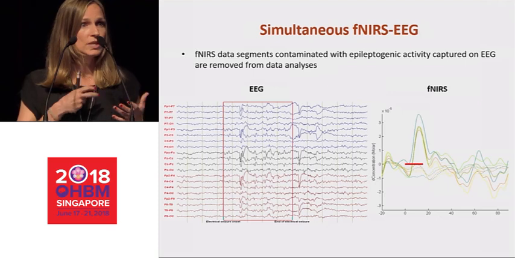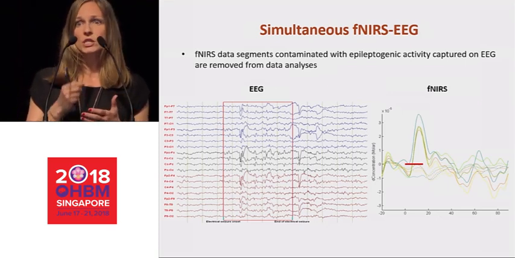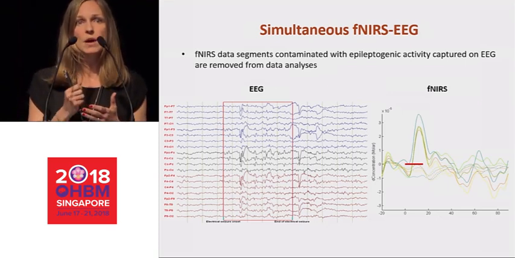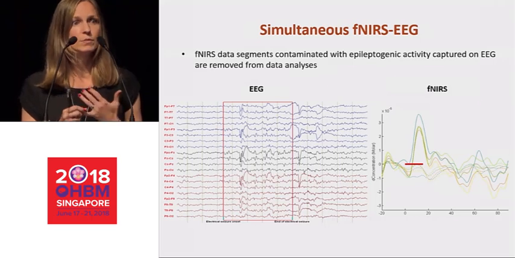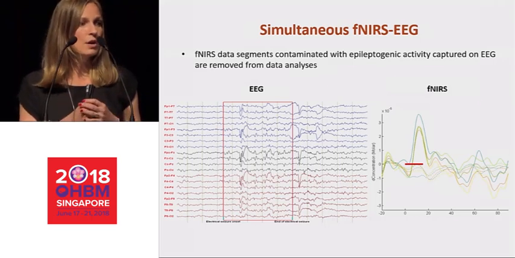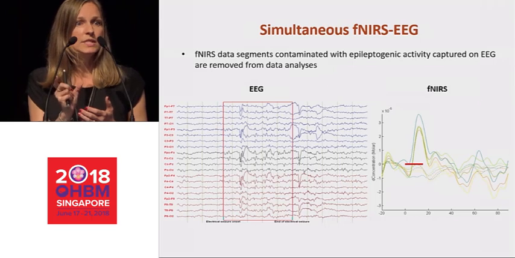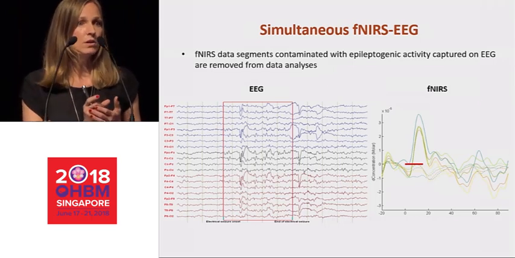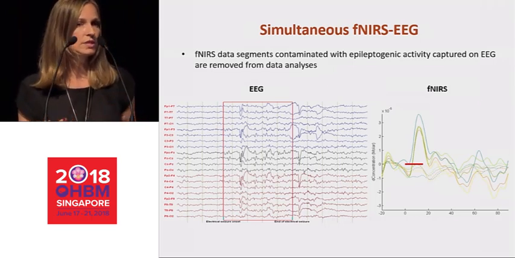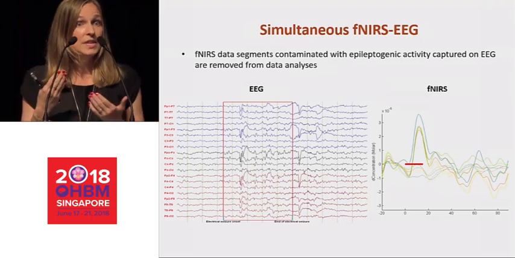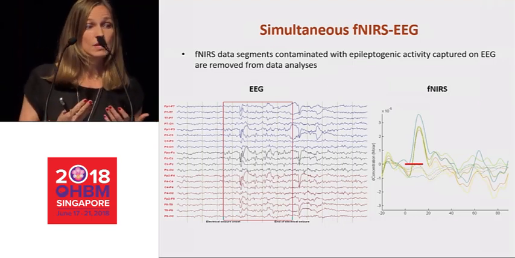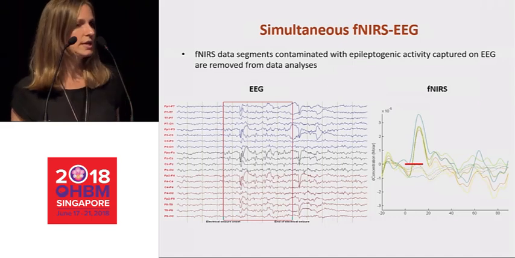As soon as we're done with the recording, we want a neurologist to mark every epileptogenic activity on EEG, so spikes and seizures, to make sure that we remove these time sequences from the fNIRS signal, so we have a clean fNIRS signal. Because if we keep them, we might map the epileptogenic activity instead of language activity and mislead our interpretation.